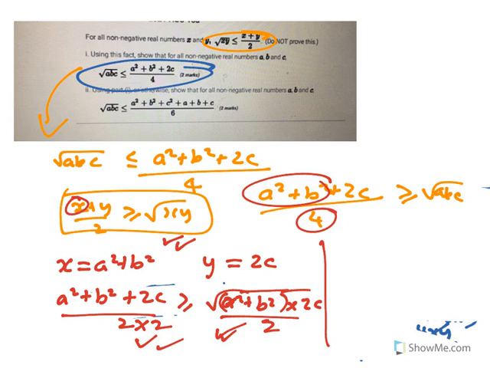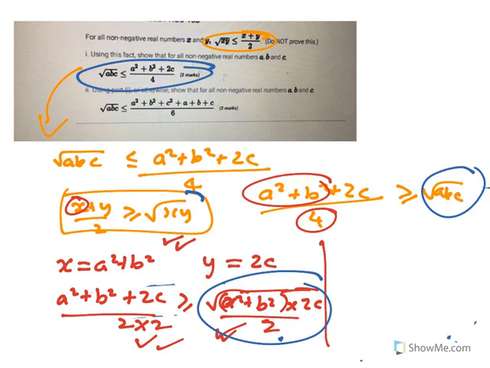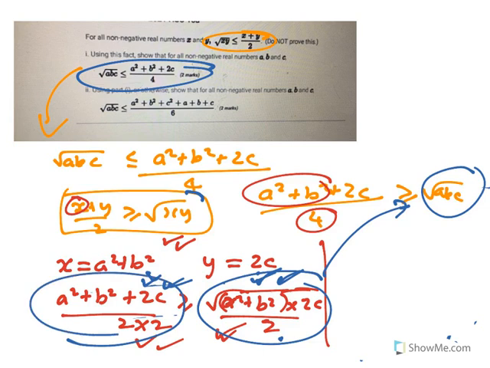So what I then need to do is show that this is actually less than root ABC. I need to show that that is greater than root ABC, because I know that's greater than that, and if this one is greater than root ABC, then this one will be greater than root ABC.